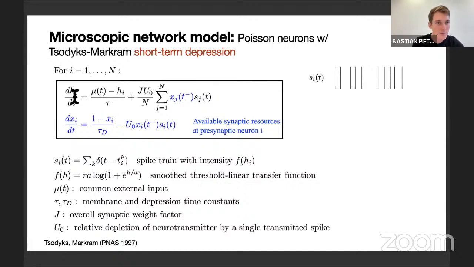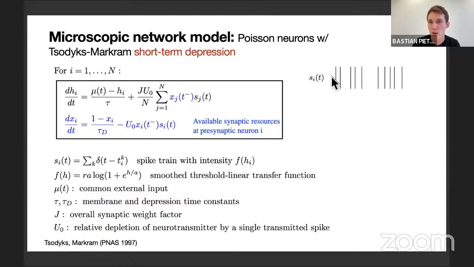So here, just to guide you through the equations, h_i is the input potential that every neuron i receives. There's a common input mu. Then we have this leak term, tau is the membrane time constant. And then we have an all-to-all coupling term, where we have x_j, which are the available synaptic resources at a presynaptic neuron, and s_j is the spike train.